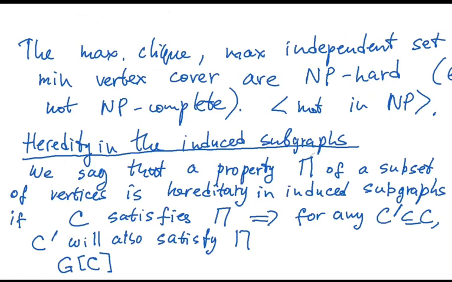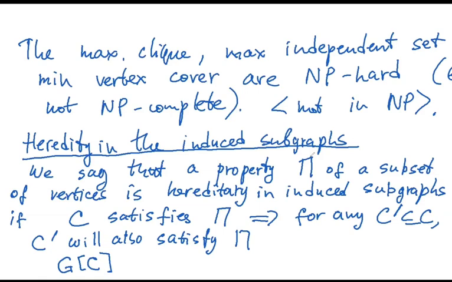So property pi is hereditary in the induced subgraphs if the fact that some subset of vertices satisfies this property means that every subset of this set C also satisfies the property. So for example, CLIQUE is a hereditary property, because if I have a clique in a graph, then any part of the clique is also a clique.